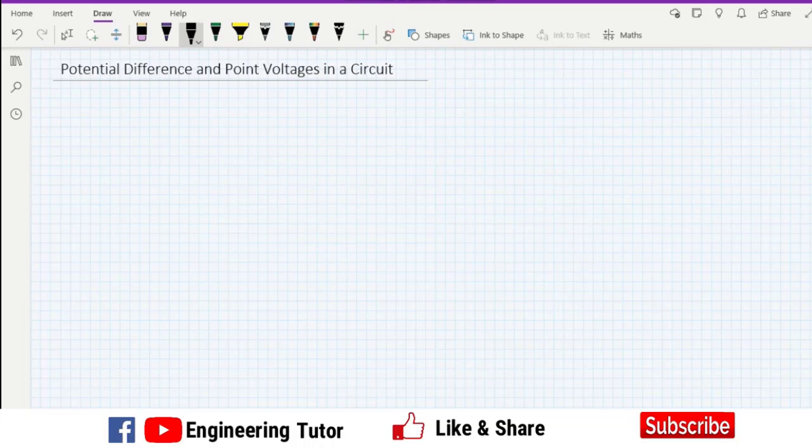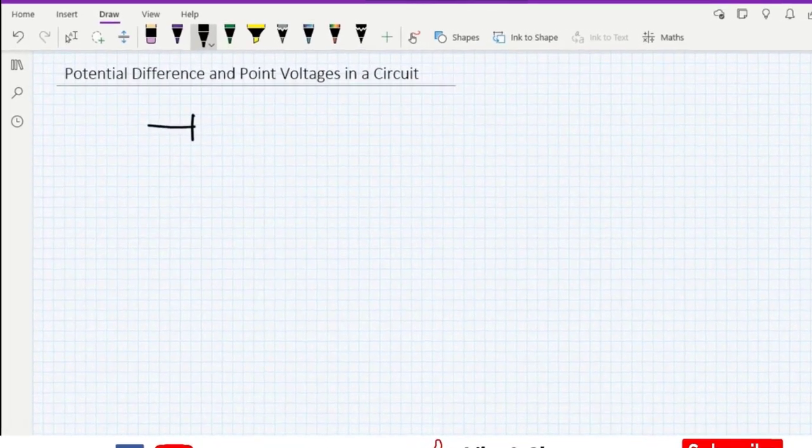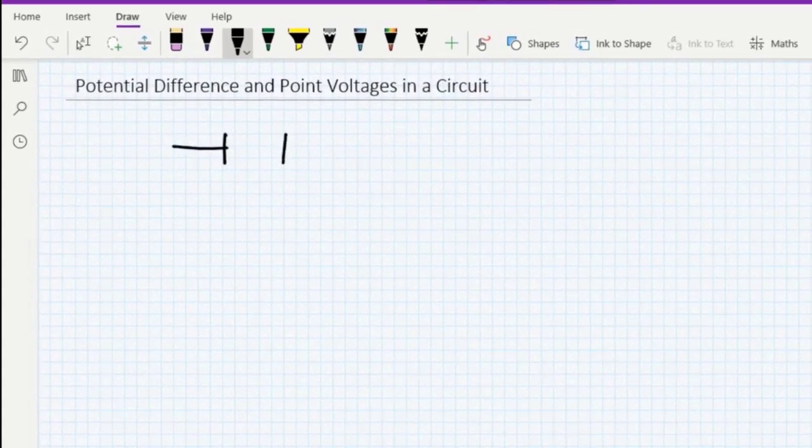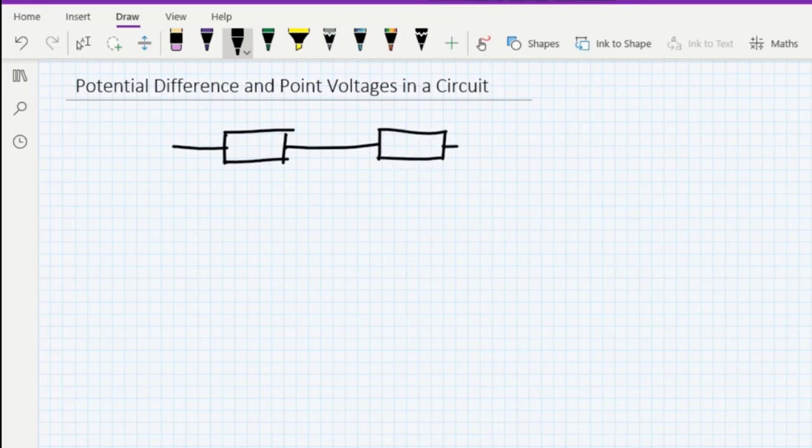Suppose you have to go through three shops. This is shop number 1, this is shop number 2, and this is shop number 3.